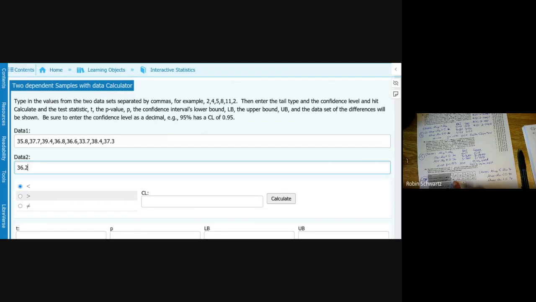Now put the second sample in the same way, making sure you keep the order right: 36.2, comma, 39.8, comma, 40.1, 39.3, 36.9, 34.5, 38.8, and 39.1.